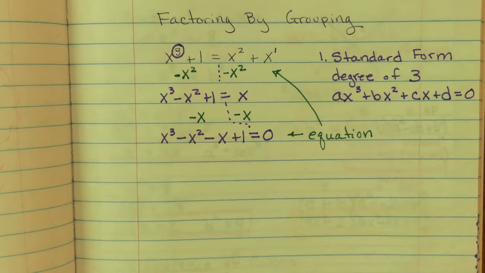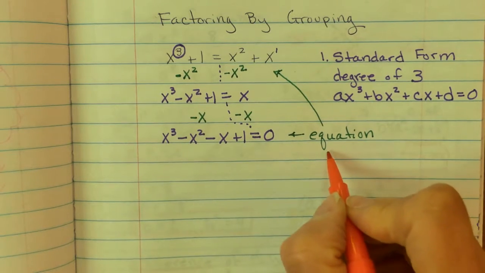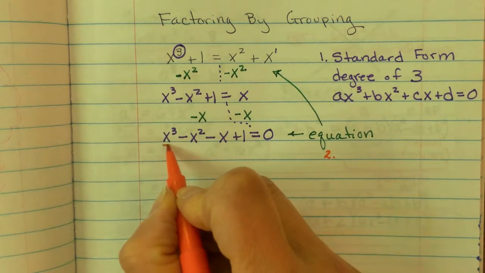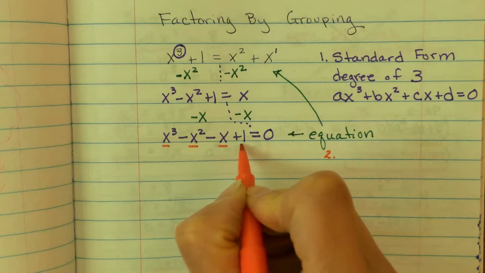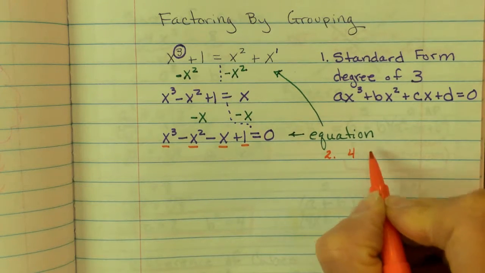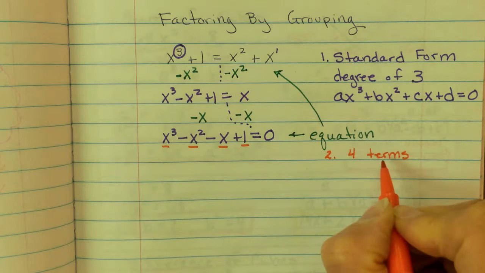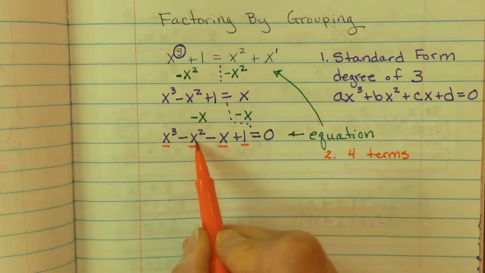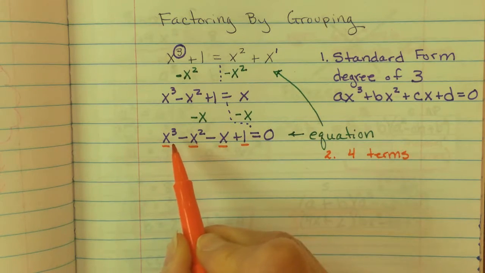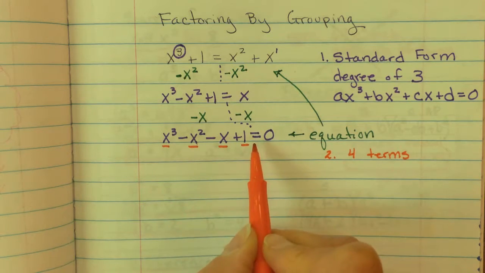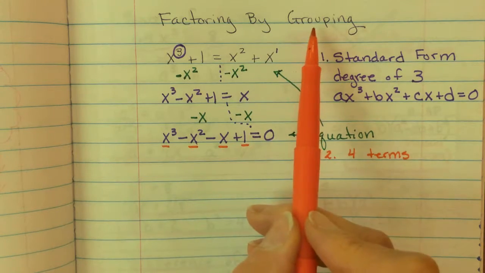How many terms? 1, 2, 3, 4 terms. So when I have 4 terms, and it's already simplified, I can't combine anything, that means I'm going to see if I can factor by grouping.